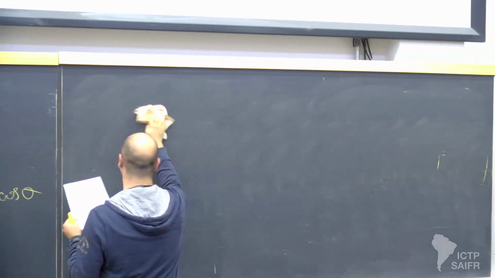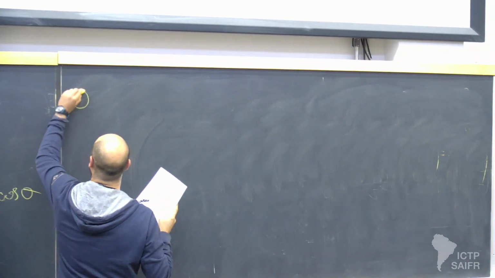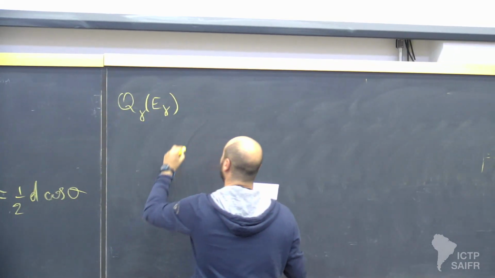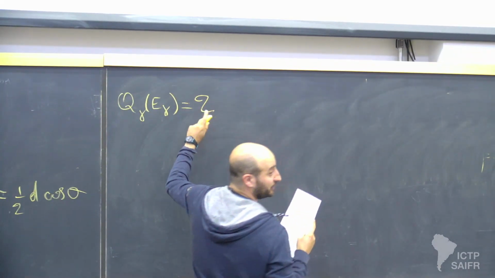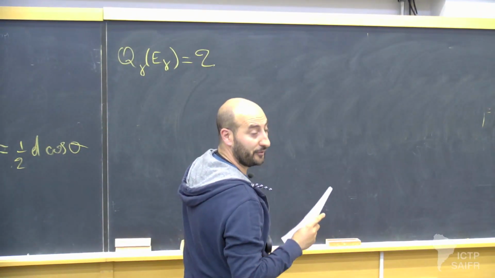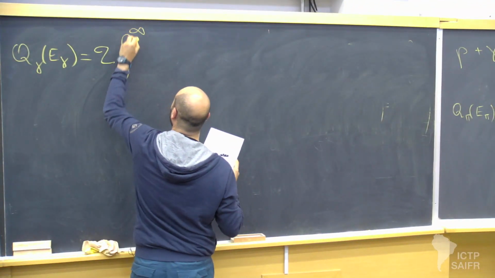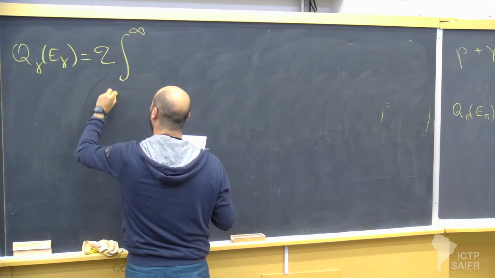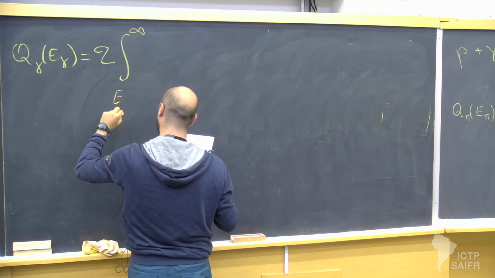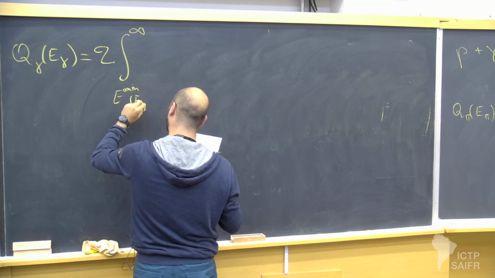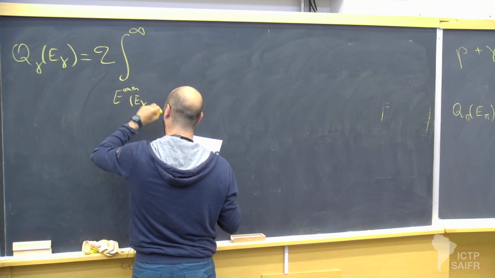What's the photon source term here? Q of the photon, as a function of the energy of the photon. There is a factor 2 because each pion produces 2 photons, times the integral up to, in principle, infinite energy, from what I would call E min of E gamma.